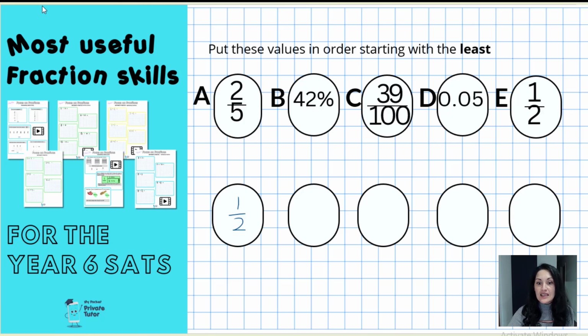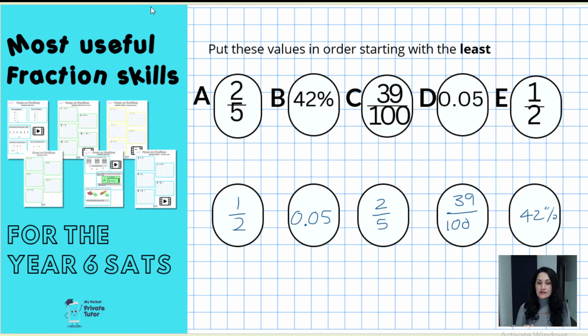We may then see the 0.05 because they are seeing a single digit number, and then they may think, okay, well, there's 1/5, now there's 2/5, and then simply compare these by the double digit number, the 39 hundredths and the 42%.